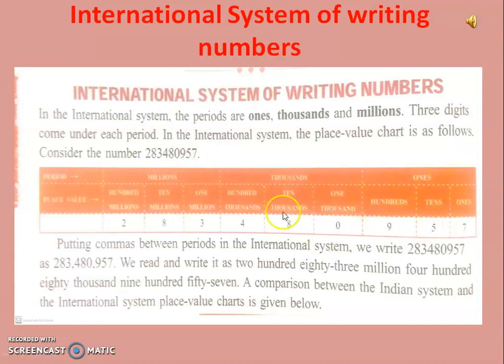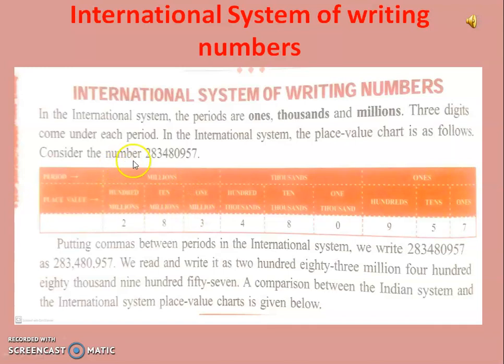First of all, we have 3 periods: ones, thousands and millions, and each of them has 3 digits. In ones we have 1, 10 and 100, then in thousands we have again 1, 10 and 100, and in millions we have 1, 10 and 100 again.